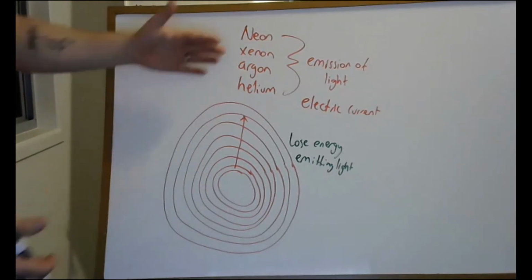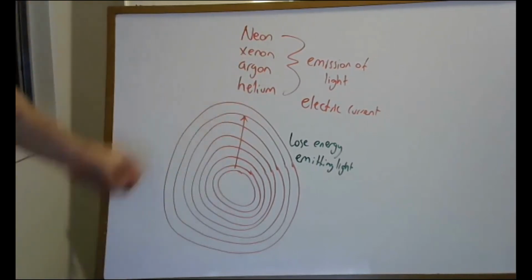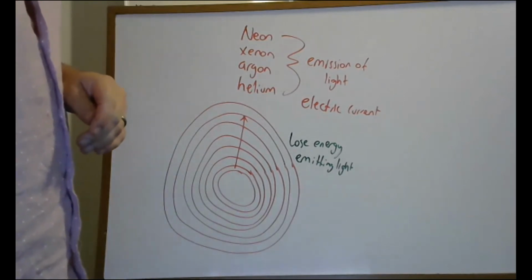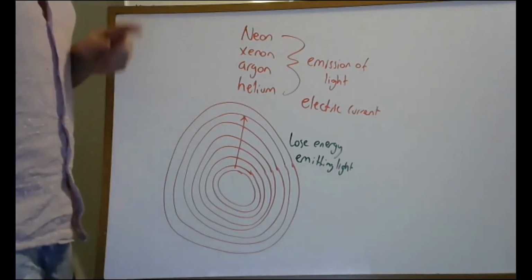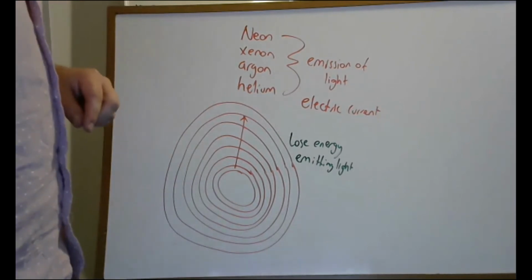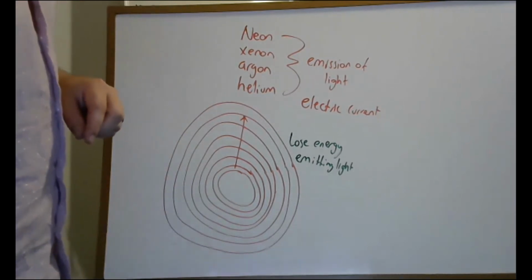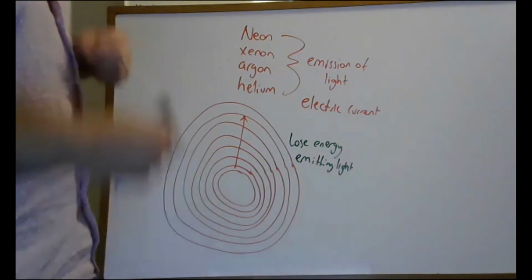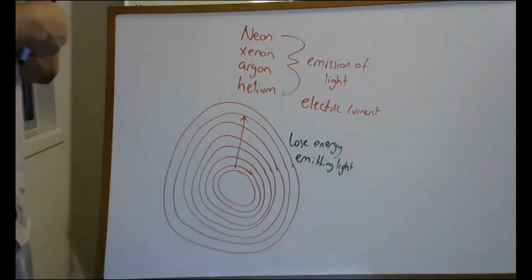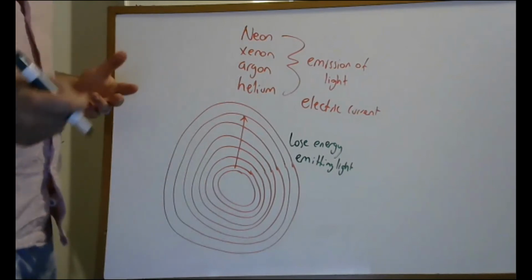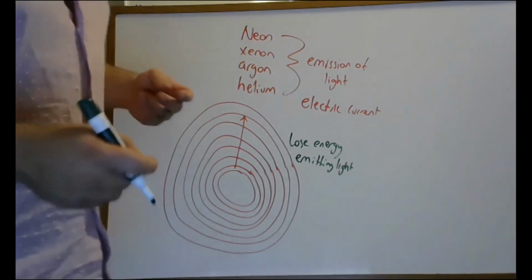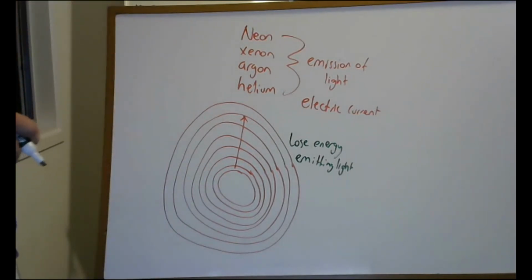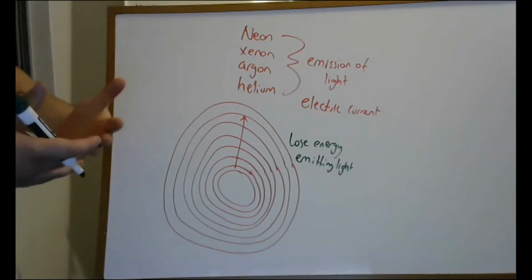In order to come back down to the ground state, they must emit the same level of energy. No two elements have the same emission spectrum. So the wavelength of light that is emitted will tell you what atom is there.